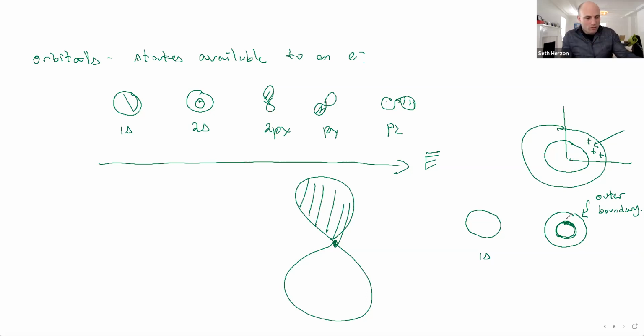But if I progress further inside to the core, there's probability there, so I can find an electron there. Basically, the shell part of the inner sphere, you can't have an electron in, but inside of that you can have an electron.